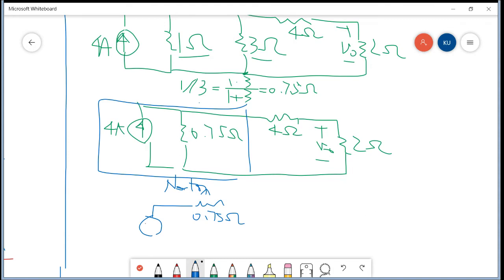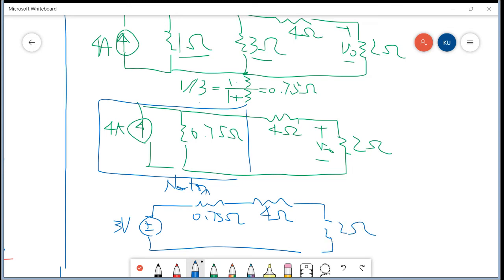So the voltage source is also upward, and then the voltage source should be 4 times 0.75, which is 3 volt, 4 ohm, 2 ohm, VO, something like this.